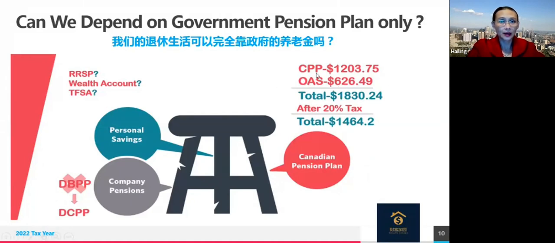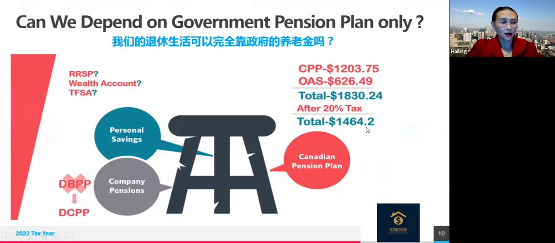And then Canada Pension Plan, or Quebec Pension Plan, QPP. The maximum is $12,100. When you add those two numbers up, you have a total of $18,100, but you still need to pay 20% tax. So after tax, you can only take home $1,400.